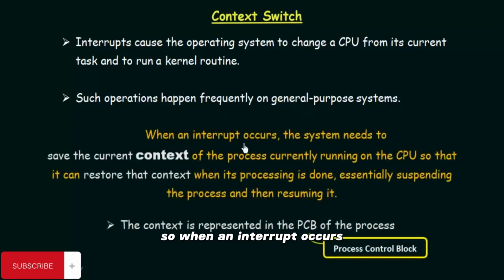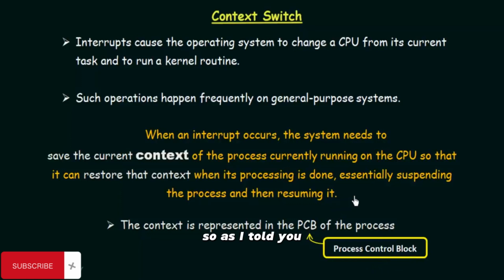When an interrupt occurs, the system needs to save the current context of the process currently running on the CPU, so that it can restore that context when its processing is done, essentially suspending the process and then resuming it. And the context is represented in the PCB of the process. What is PCB? It is a process control block.